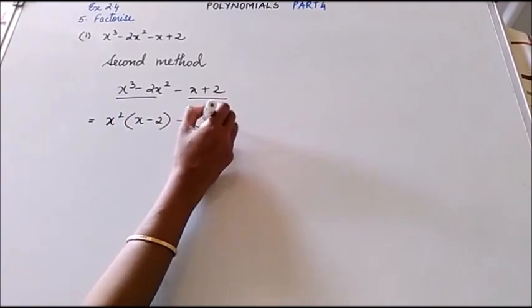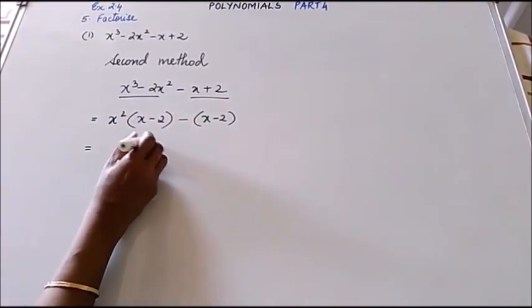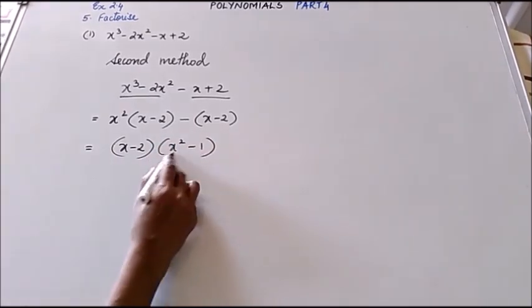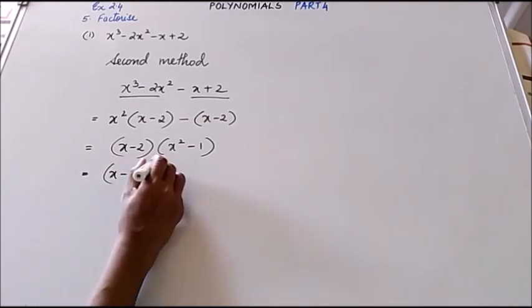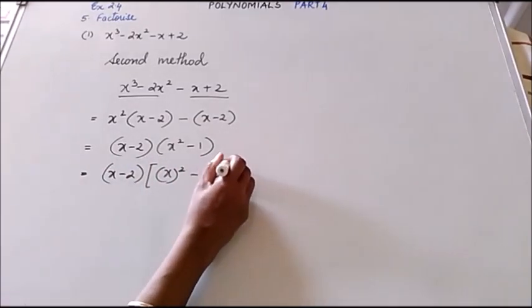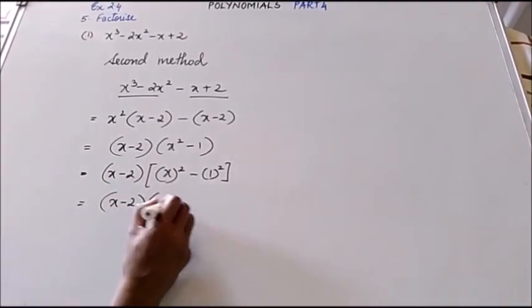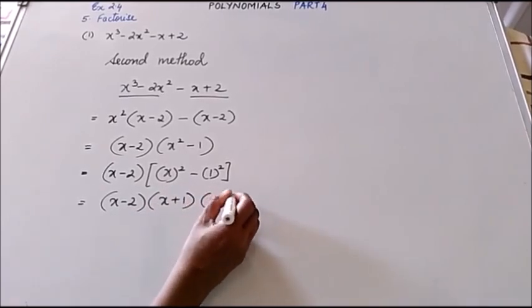Here I will take minus sign, x minus 2. Here we get x minus 2 into x square minus 1. Now x square minus 1 can be further factorized using the identity a square minus b square, which can be written as x minus 2 into x plus 1 into x minus 1.